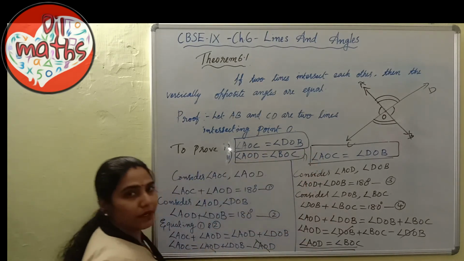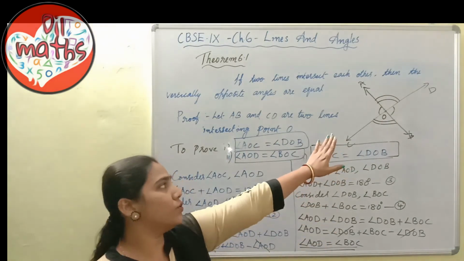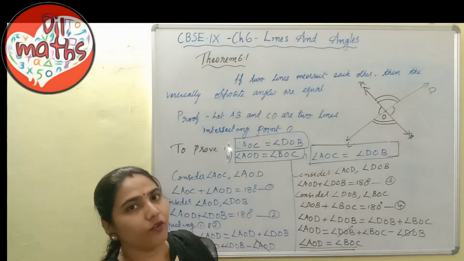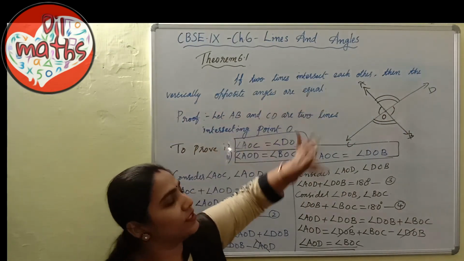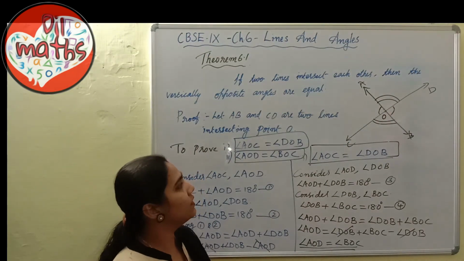We got the second part also. So what we got here is, if two lines intersect each other, then the pairs of vertically opposite angles are equal. So this is theorem 6.1.